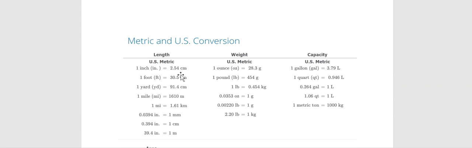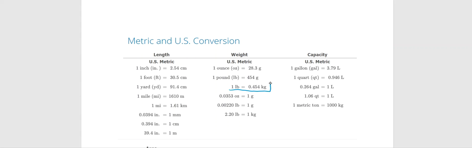Example 6 wants us to convert 30 kilograms to pounds. I'm going to go back up and look for something that talks about kilograms and pounds. Now kilograms is a metric unit, pounds is a US unit, so I definitely have to be able to go between metric and US, and I'm looking for kilograms and pounds, which I have just found.